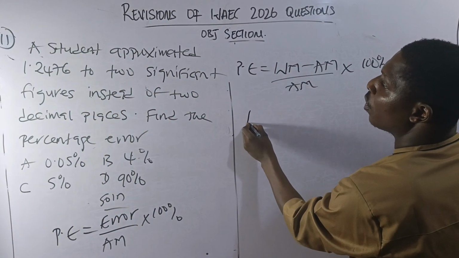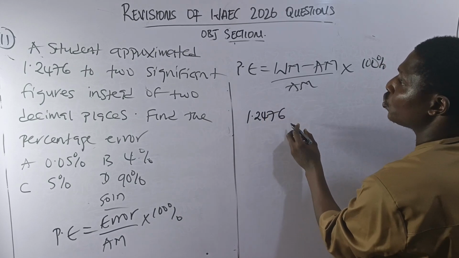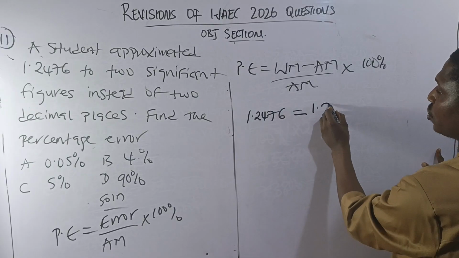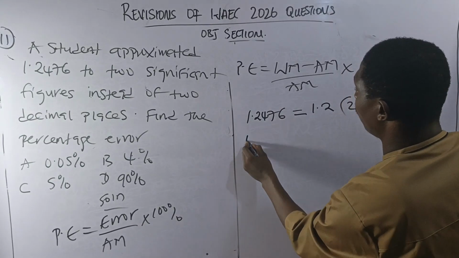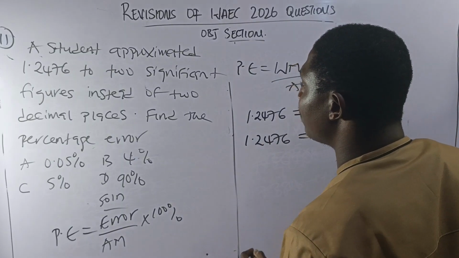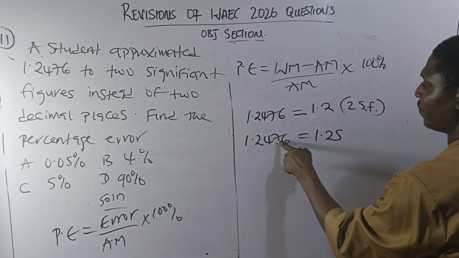Now, first, a student approximated this to two significant figures. So 1.2476 to two significant figures gives me 1.2. And 1.2476 to two decimal places gives me 1.25. 7 is greater.